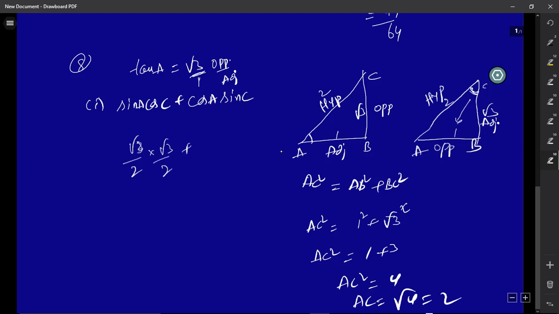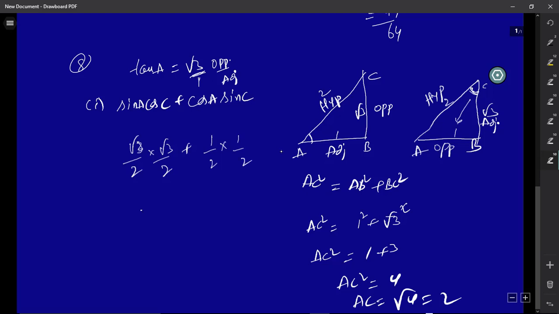Cos A, with respect to angle A, adjacent is 1, hypotenuse is 2. Everybody knows that cos is adjacent by hypotenuse. Sin C, sine is opposite by hypotenuse. With respect to angle C, opposite is 1 and hypotenuse is 2.